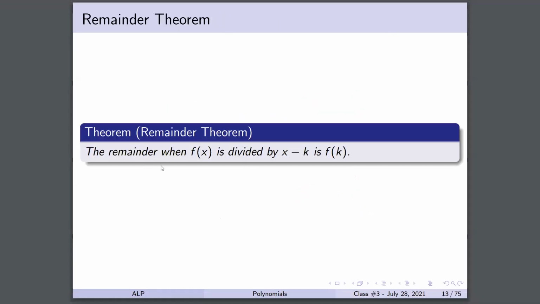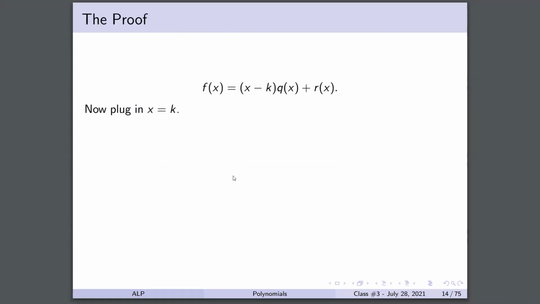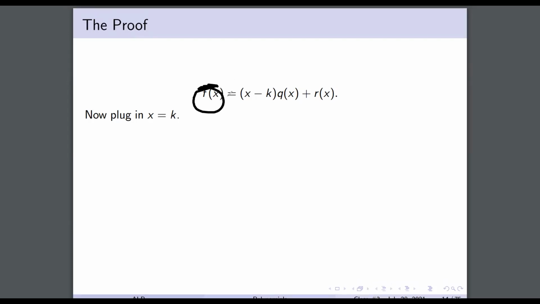All right, the remainder theorem. The remainder when f of x, which is a polynomial, is divided by x minus k, is f of k. So the proof is: f of x is a polynomial, and we divide it by x minus k, and this is our quotient, and this would be the remainder.